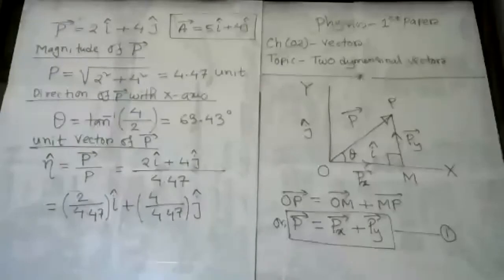At first find out the magnitude, then the direction of vector A, and at last the unit vector.